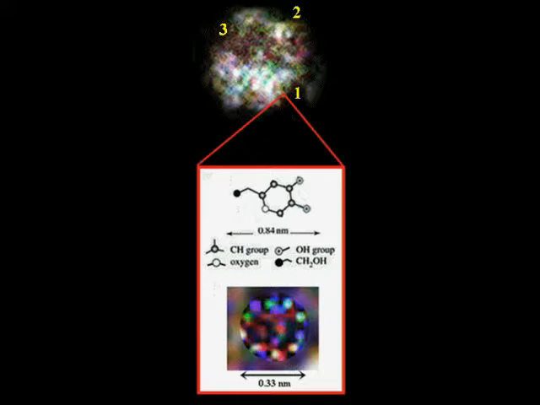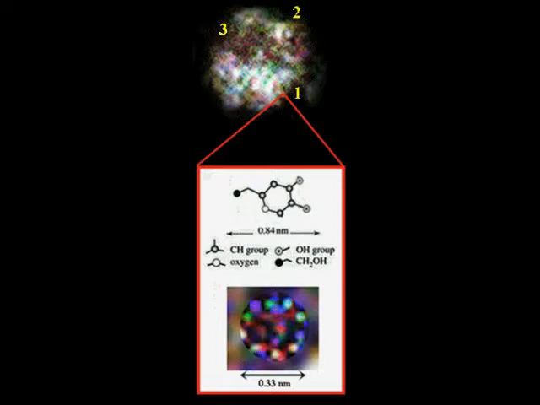The top is a diagram of what would be the molecular structure of cellulose, which makes up all plants and trees, etc. Below that is an explanation of the CH group, carbon, hydrogen, etc.